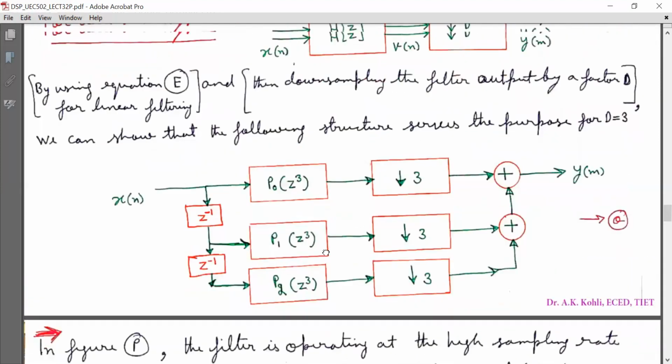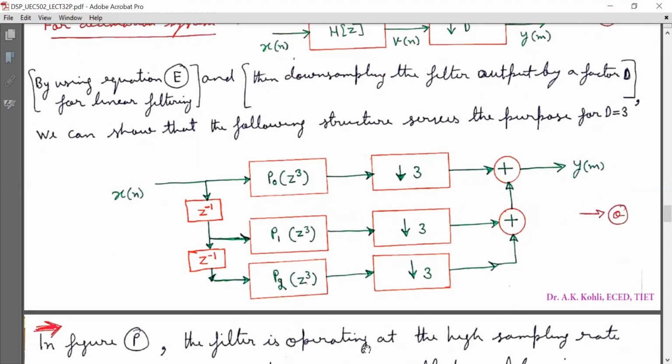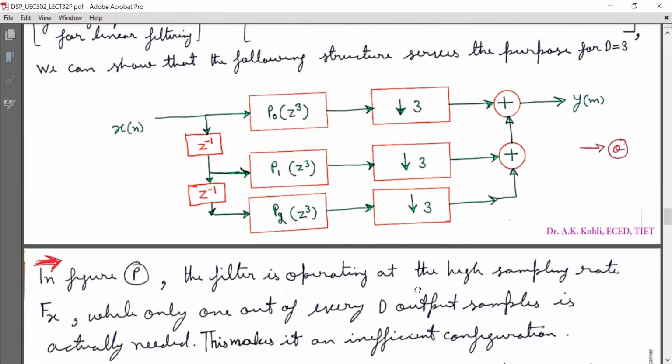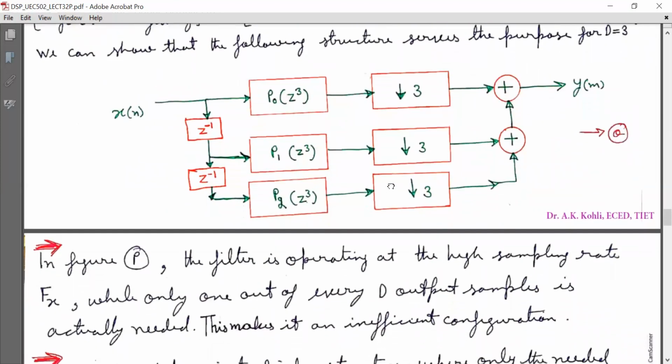In figure P, or block diagram P, the filter is operating at the high sampling rate Fx, while only 1 out of every D output samples is actually needed.